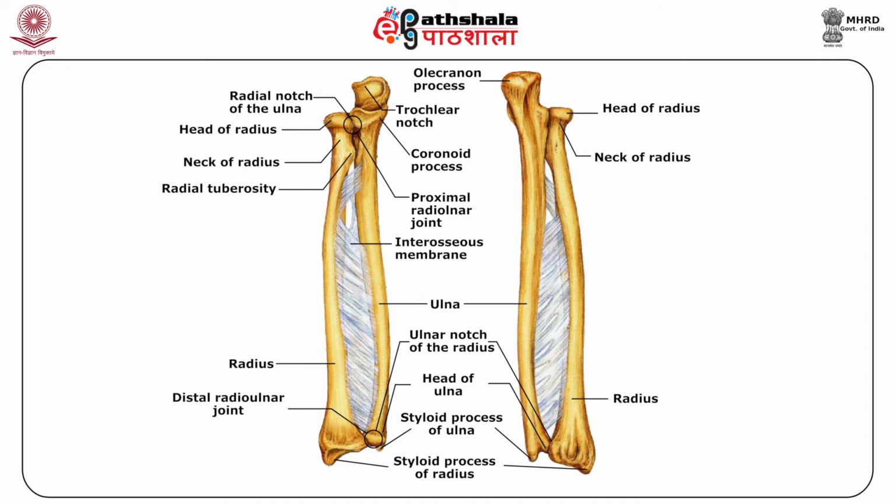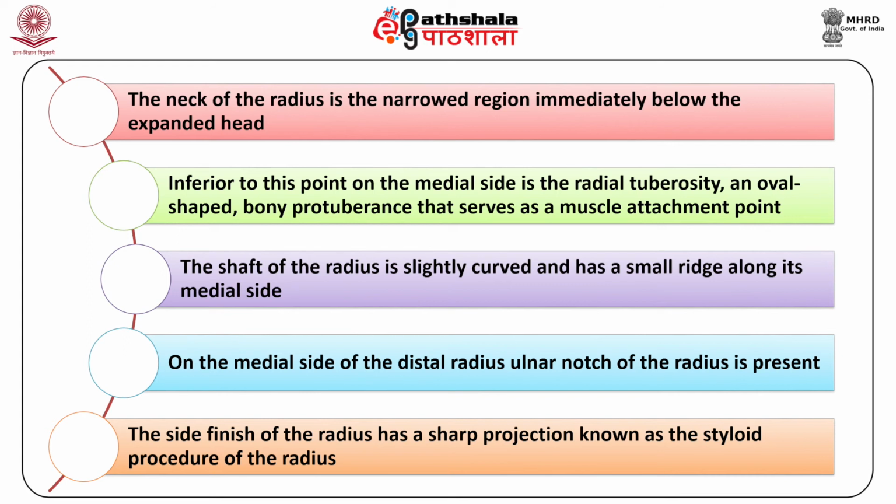In contrast to the ulna, the radius is narrow at its proximal end and widens at its distal end. The head of the radius is a disc-shaped structure that forms the proximal end. The neck of the radius is the narrowed region immediately below the expanded head.